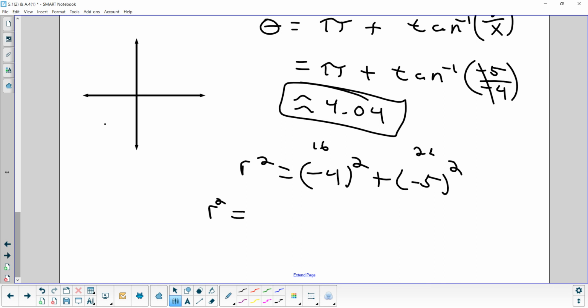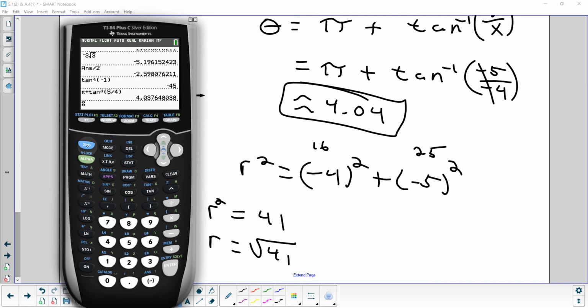Negative 5 squared, 25. What's 16 plus 25? James? 41. So r is the square root of 41, but I did say this time we were going to round everything off. So let's type that in and just practice doing it out. So the radius is about 6.40.